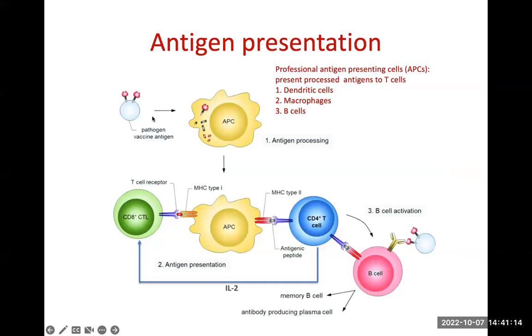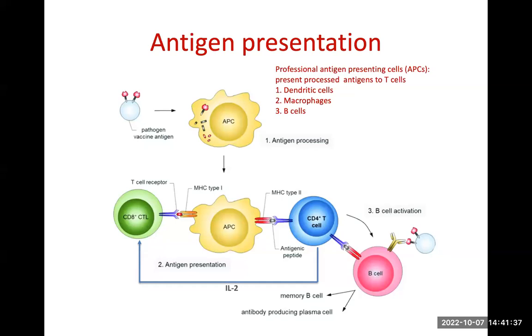So what these antigen presenting cells will do is they take in the pathogen, they engulf it, they take it into some compartments called endosomes, which will merge with enzymatic compartments that are carrying enzymes, and then that pathogen is digested into pieces, into peptides.